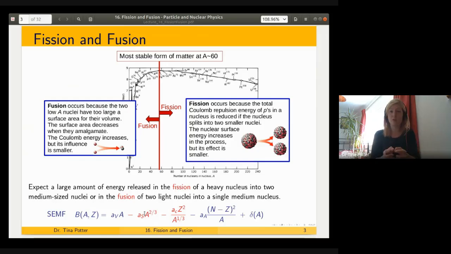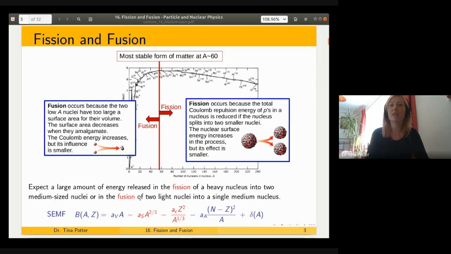When they fuse together, their surface to volume ratio decreases. So we're really decreasing the surface term relative to the volume. It's the surface term that's really important. Now, when we have more nucleons, more protons in particular, our Coulomb term is going to increase.